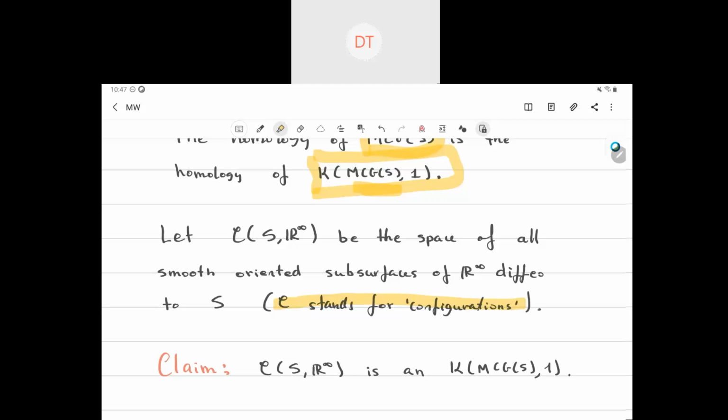So there are many ways of having, quote unquote, a copy of S inside R^∞, and this is what we are considering. All of these copies of S inside R^∞. By copies, I mean things that are diffeomorphic to S.